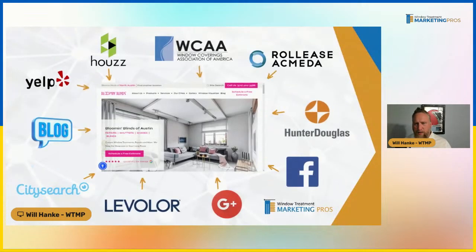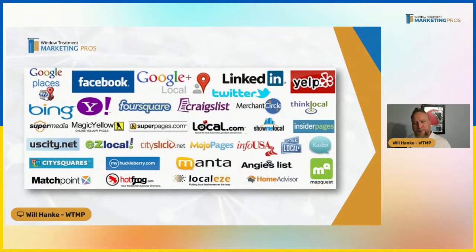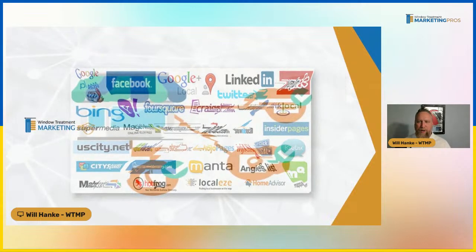All right. Let's see here. Here's a couple examples of citations that are probably familiar to a lot of you. A lot of these businesses have websites that you can list your business on. So definitely consider doing that. Here's a lot more. And there's quite a few. Some of these still exist. Some of these don't even exist anymore. They come and go pretty quickly.